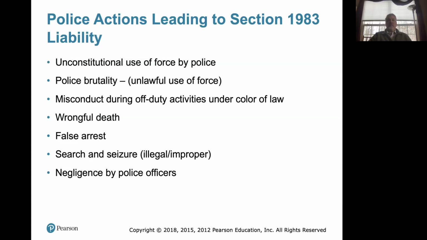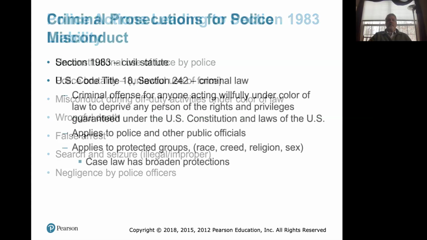Wrongful death situations where use of force results in the death of someone and the use of force is found to be not reasonable. False arrests, searches and seizures that were illegal or improper, and then that sort of broader, more vague concept of negligence by the police.